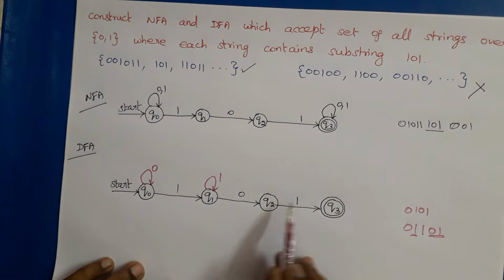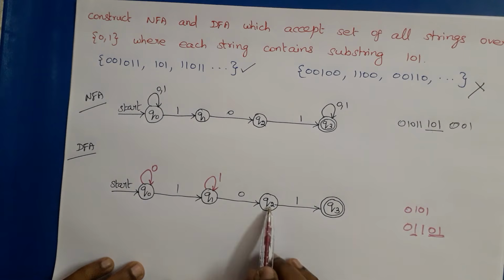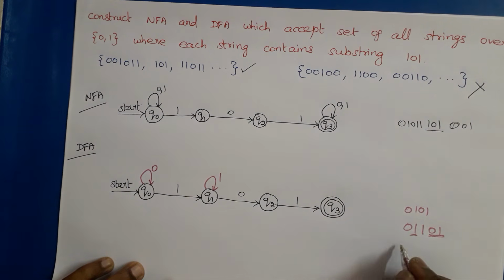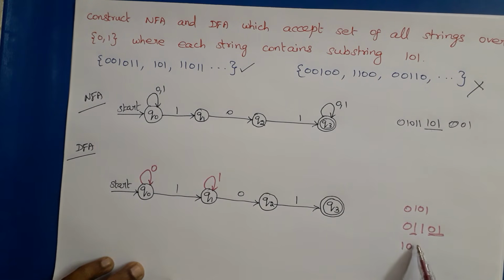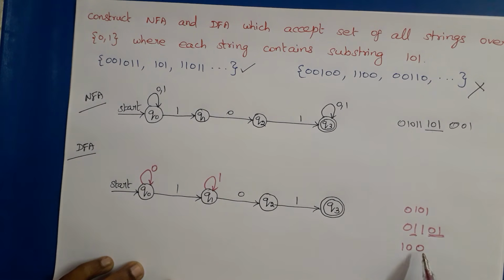Then in Q2, after recognizing 10, if the next input is 1, we can reach the final state. But if the next input is 0, then definitely the next symbol must be 1 for us to say the string has the substring 101. But after recognizing 10, 0 is coming. So what is the meaning? Now we need to wait for 101 as a substring.